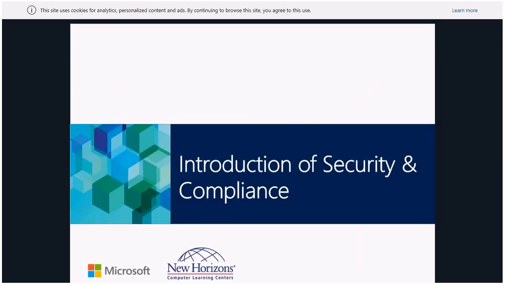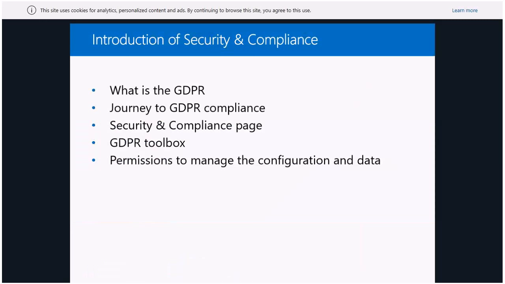Okay, anyway, just a bit of introduction. Now let's go into the main subject. The first is an introduction on security and compliance: what is GDPR, what's the journey to achieve that compliance, and the GDPR Toolbox.